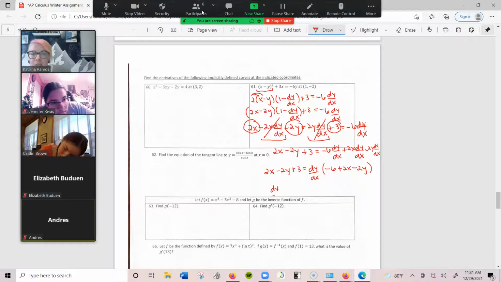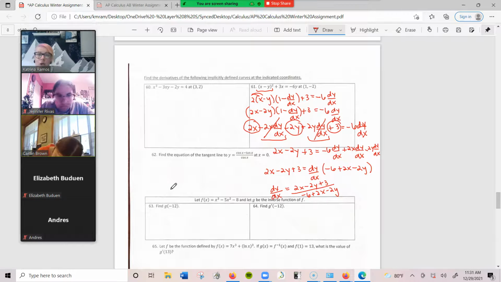So dy dx is going to equal 2x minus 2y plus 3 divided by negative 6 plus 2x minus 2y. That's my derivative.